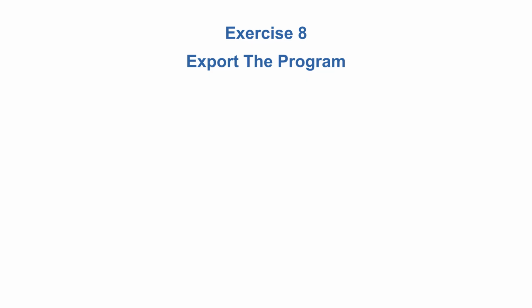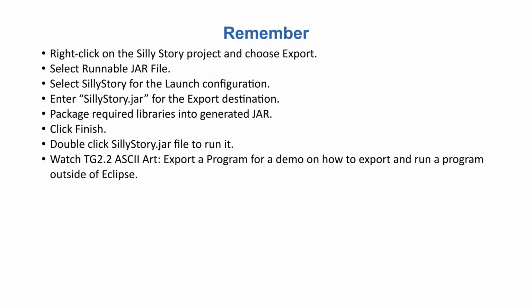Exercise 8. Export the program if you want to run it outside of Eclipse. Remember, right-click on the Silly Story project in the Package Explorer to choose Export. Select Runnable Jar File. Select Silly Story for the launch configuration. Enter sillystory.jar for the export destination.